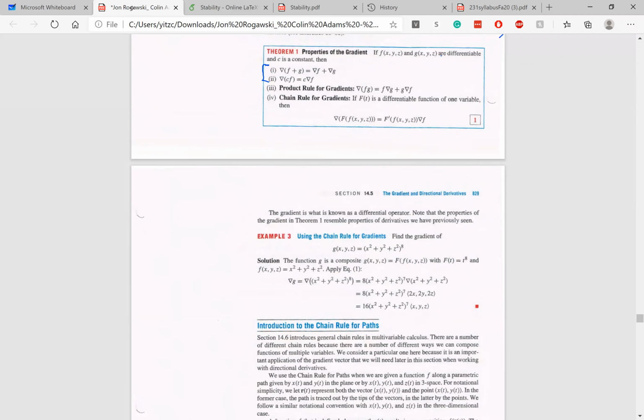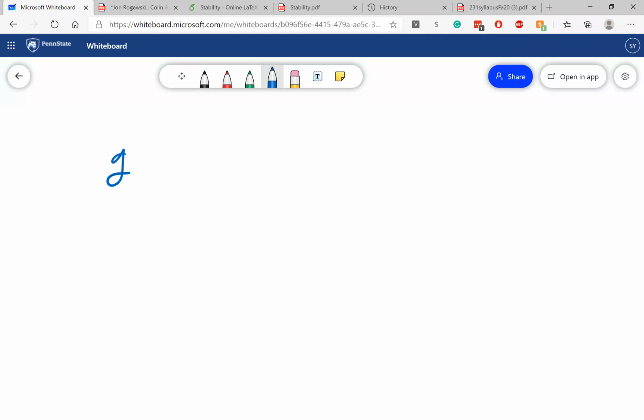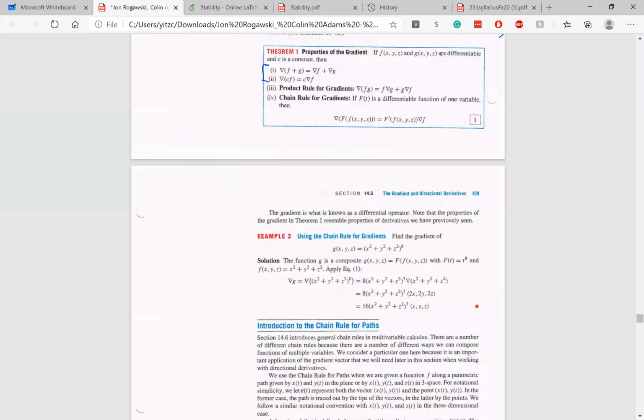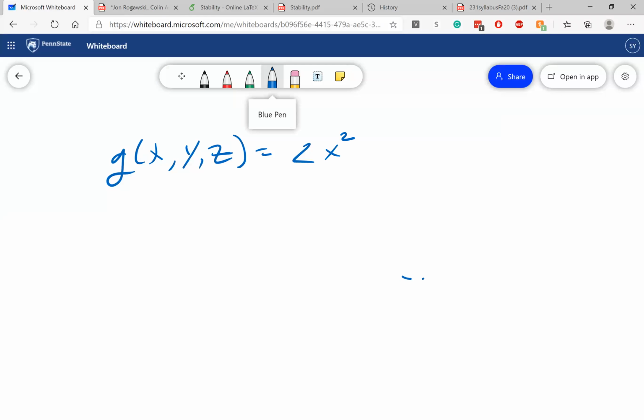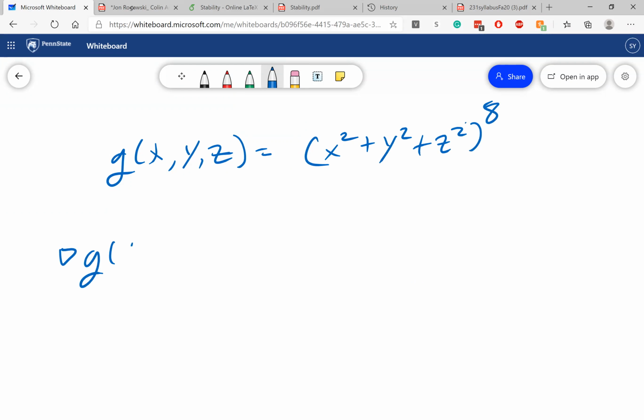So g of x, y, z is equal to x squared plus y squared plus z squared, to the 8th. So the gradient of g at x, y, z is going to be equal to g with respect to x, g with respect to y, g with respect to z.